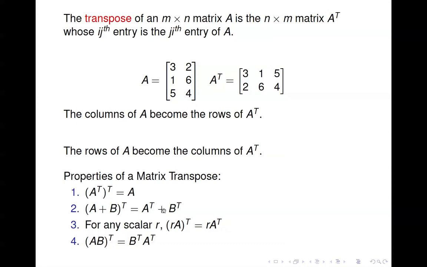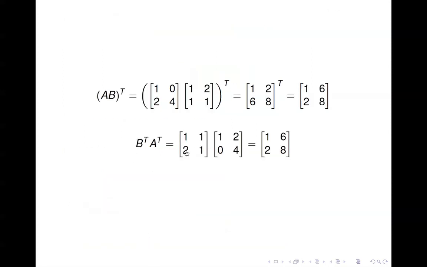Transpose of a sum is the sum of the transposes. Number 2, can move a scalar around. Number 3. Number 4, kind of interesting. If you want to take the transpose of a product, that is the product of the transposes, but in reverse order. Okay, reverse order. So here's an example of that.